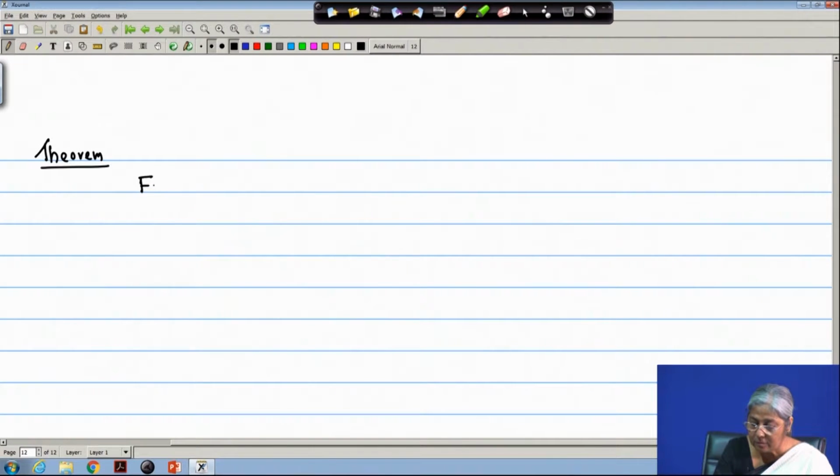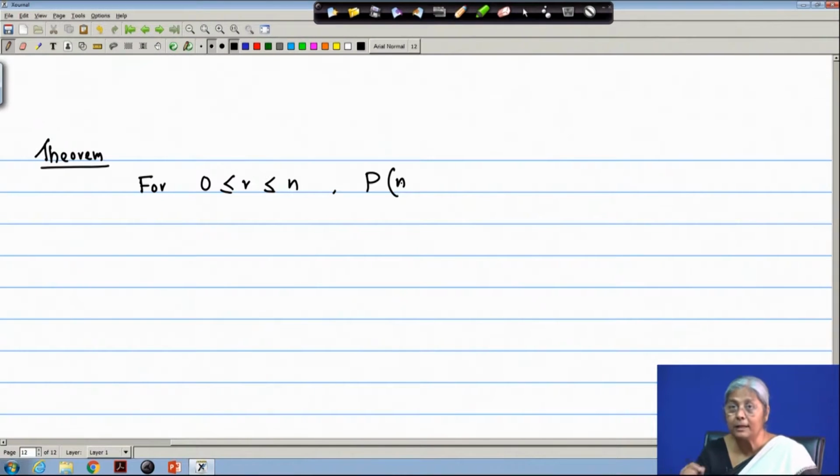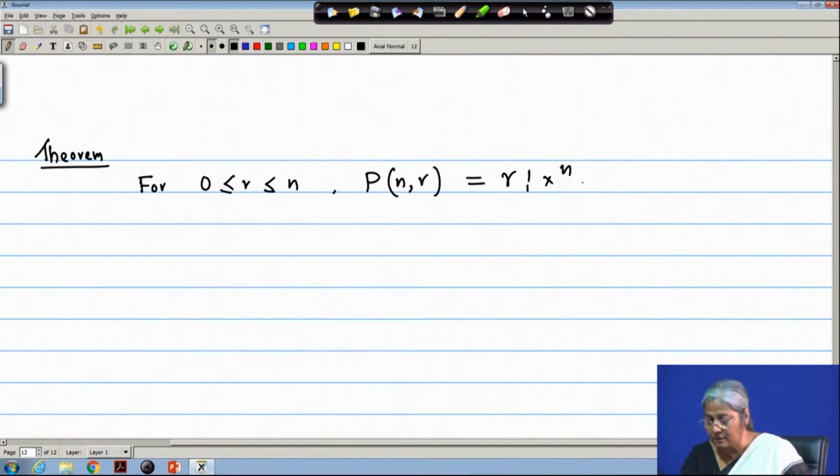For 0 less than or equal to R less than or equal to n, the permutation of n elements taken R at a time, P(n,R), is R factorial times nCR.